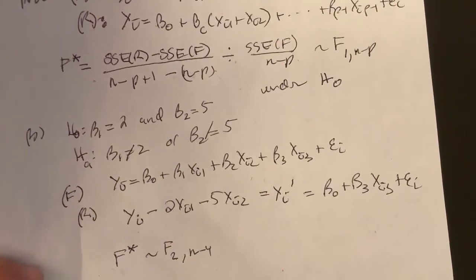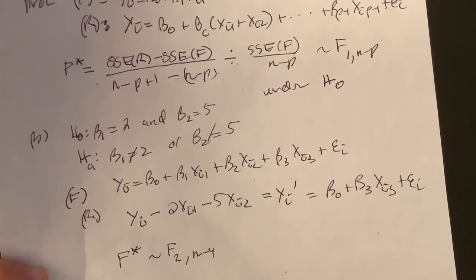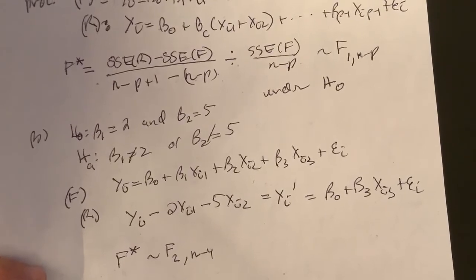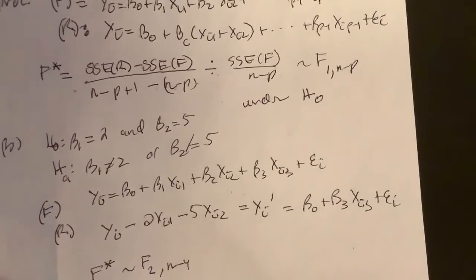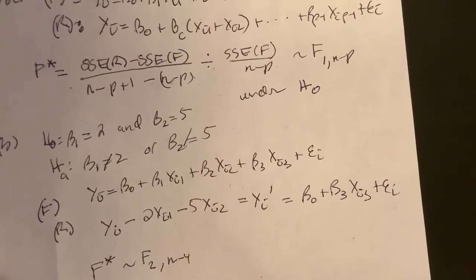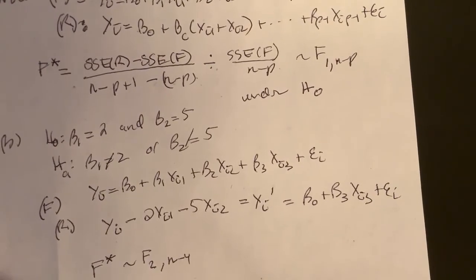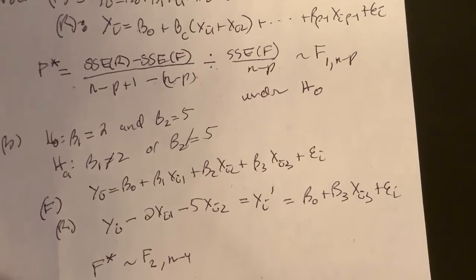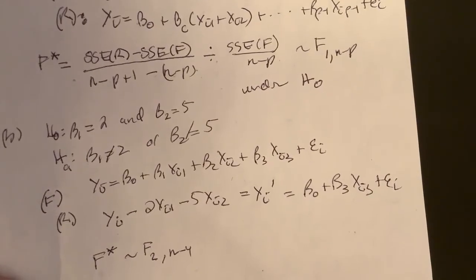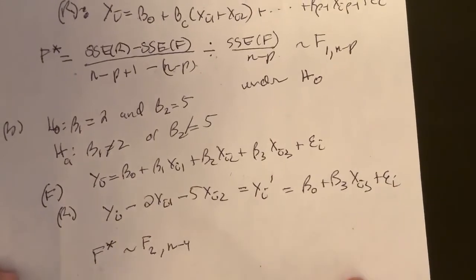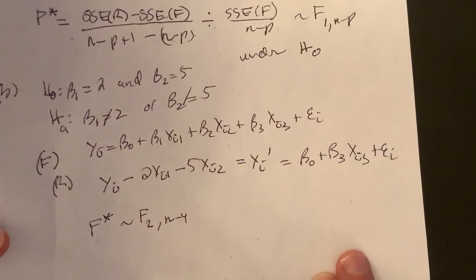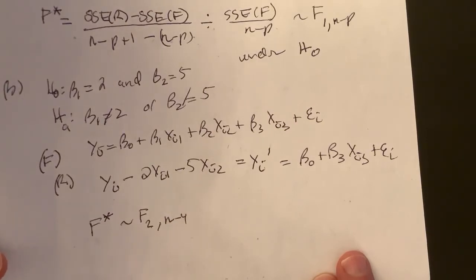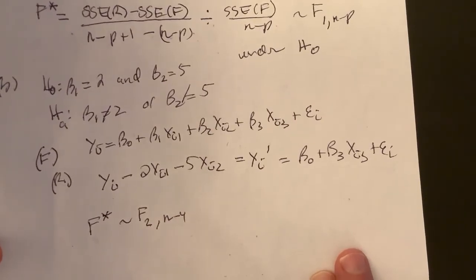And then for the reduced model, I just plug in 2 and 5, and I bring that over to the left-hand side, just to be clear. I could absorb it into beta 0 as well, but I think this also works. I make a new yi prime, and then I get a nice SLR model over here, right? Because y's known from the data, and the x1 and x2 are known. So I can just get a new vector on the left-hand side.